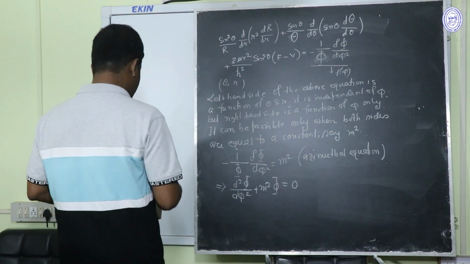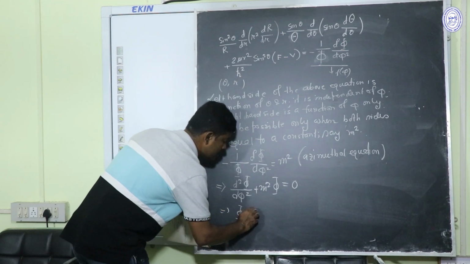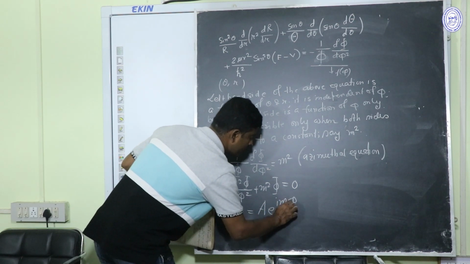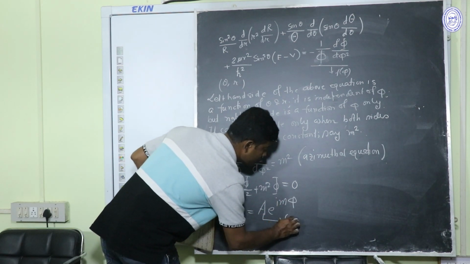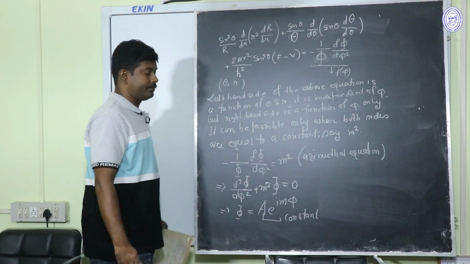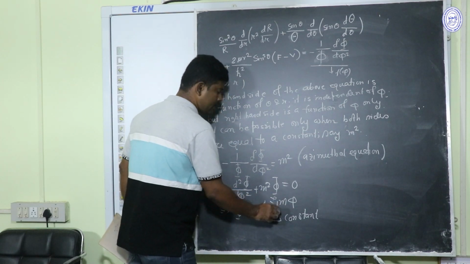And immediately its solution will be Φ = A e^(imφ), where A is some constant. We can also write it as A e^(±imφ).